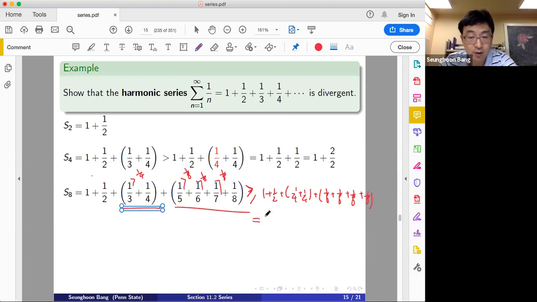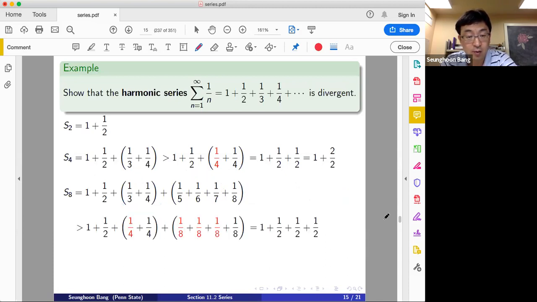So what happens? 1 plus 1/2. The 1/4 plus 1/4 is 1/2. 1/8 plus 1/8 plus 1/8 plus 1/8 is 4/8. We have 1/2 again. You can combine the three 1/2's: 1 plus 3/2. So we have this result.